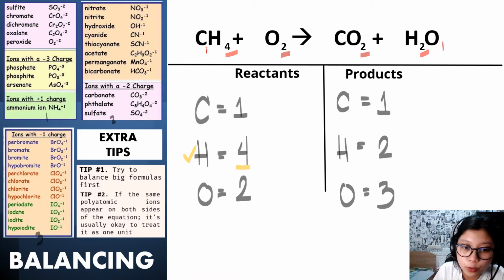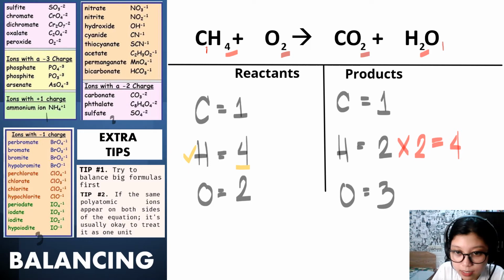We are going to do some adjustments in the product side. We multiply it by 2 for it to have the same number of atoms as the hydrogen in the reactant side.